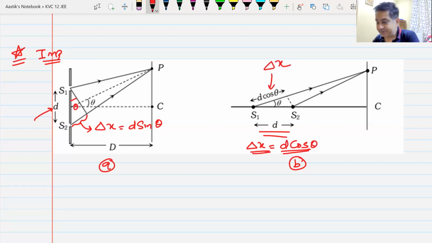Do we understand this? Note it down. If you want to draw the diagram, you can draw the diagram. I'll give you 1 minute to draw it.